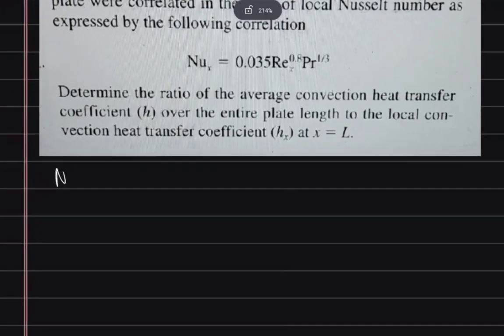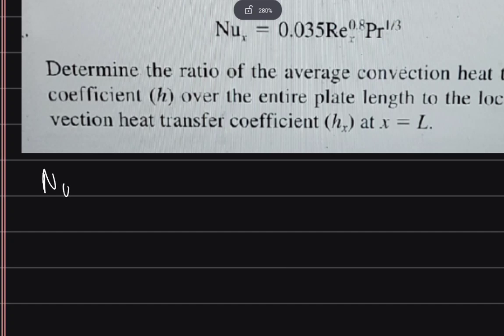Nusselt number in the x direction is equal to 0.035 times the Reynolds number to the 0.8 times the Prandtl number to the 1/3 power.